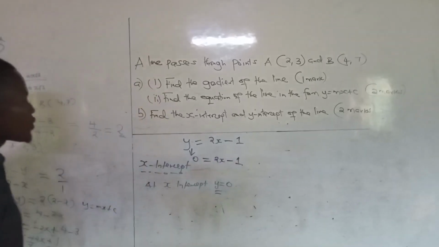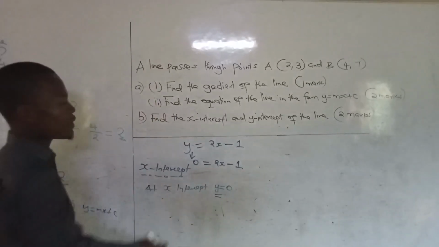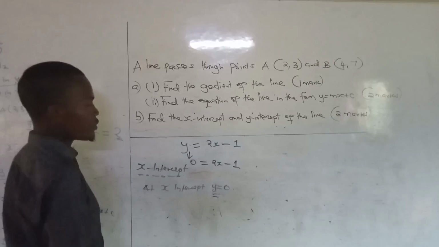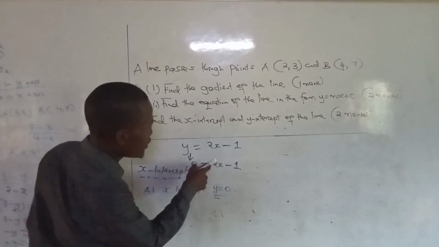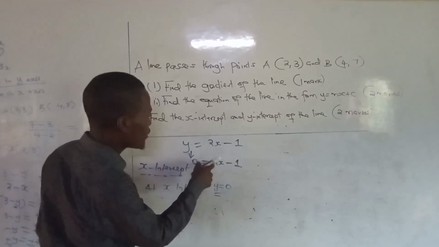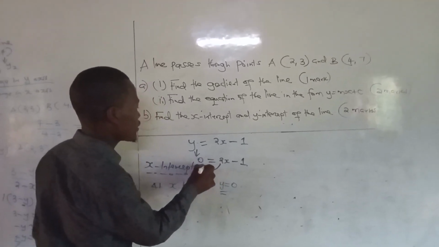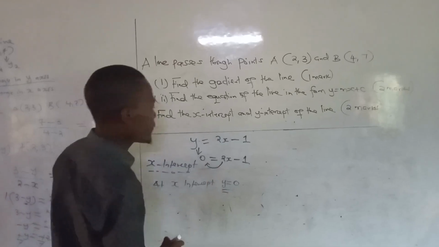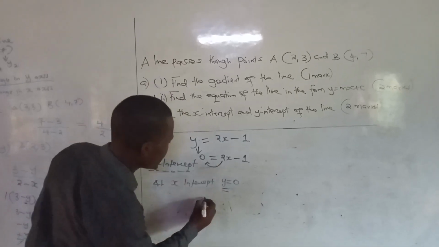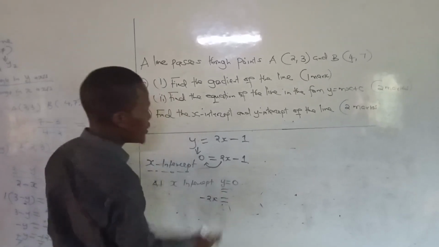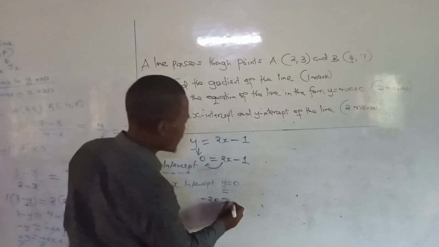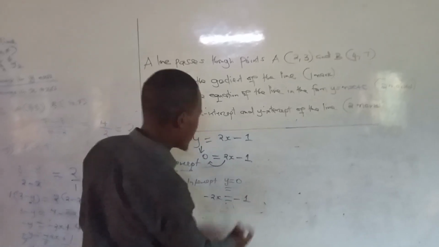From there, what we do, we are going to make the unknown cross the equal sign. So when it crosses the equal sign, of course, the sign is going to change. Here it is a positive. When it crosses here, it's going to be a negative. So that one will be negative 2x is equal to, what is remaining here? Negative 1. We don't stop there.